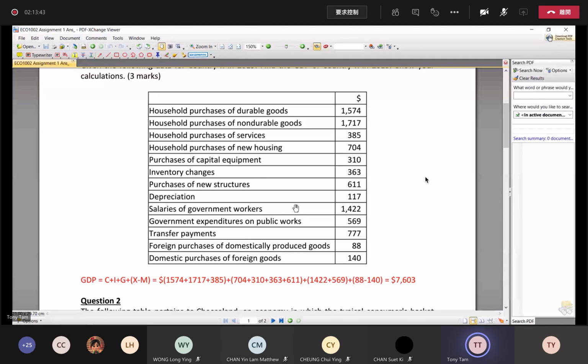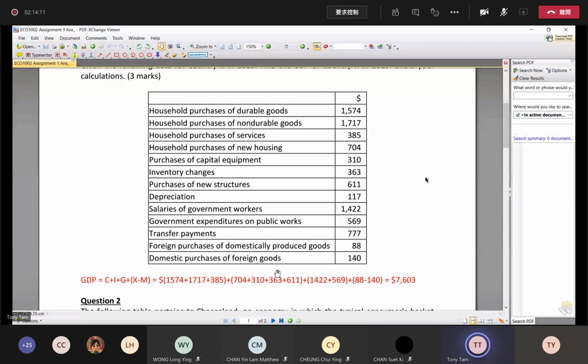This is just a university level course. We just talk about the concept of GDP and what it means, right? That is good enough. We just know the concept.